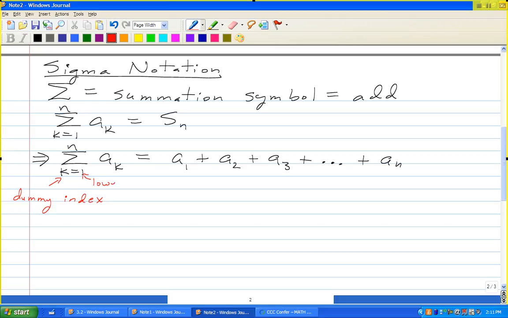This is your lower limit. This is your upper limit. And this is your summation symbol.